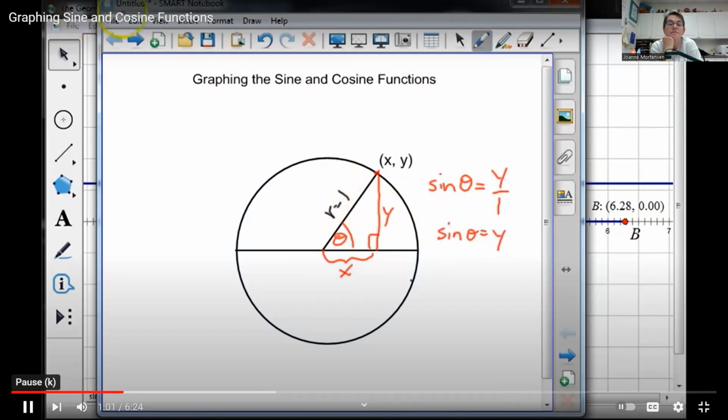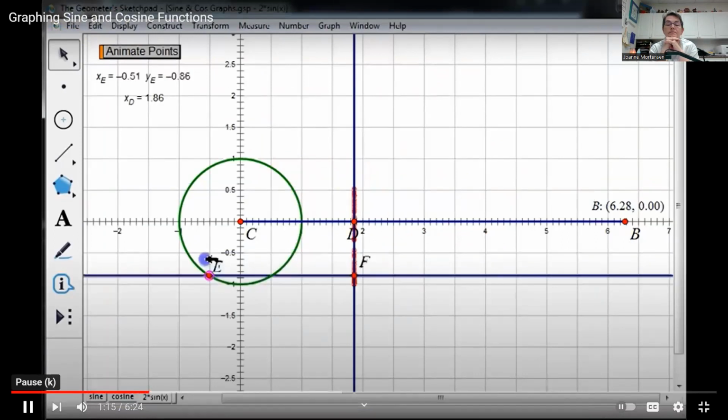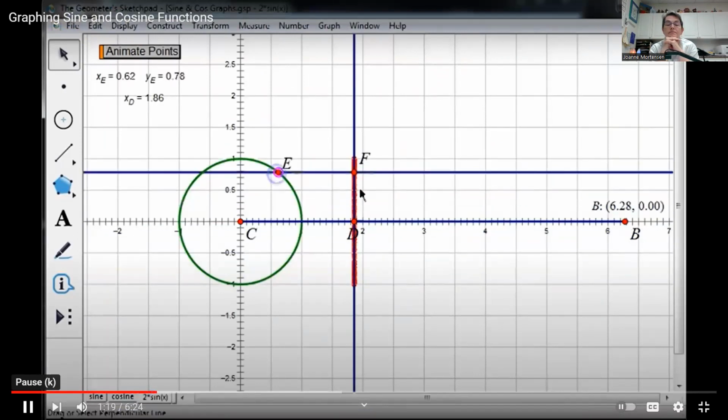Let's go over to Geometry Sketchpad. What I've done is I have linked this point on the unit circle to this point F right here. As it goes up and down, F traces out the y value of E. Along the x-axis, I'm going from 0 to 2 pi.